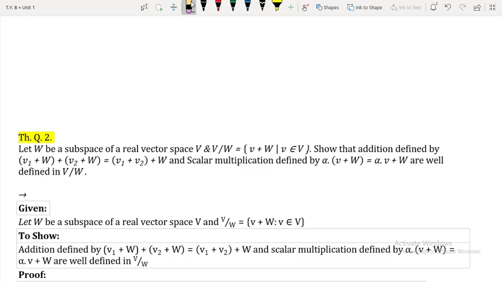Welcome back. From the last few classes, we are studying cosets, examples of cosets, and a few theorems on them. We have already seen the definition of coset, so we will quickly recall it.